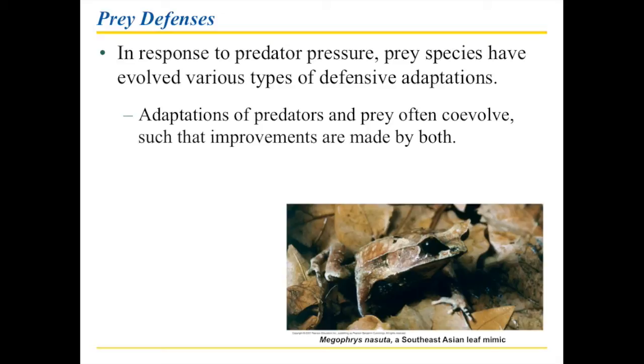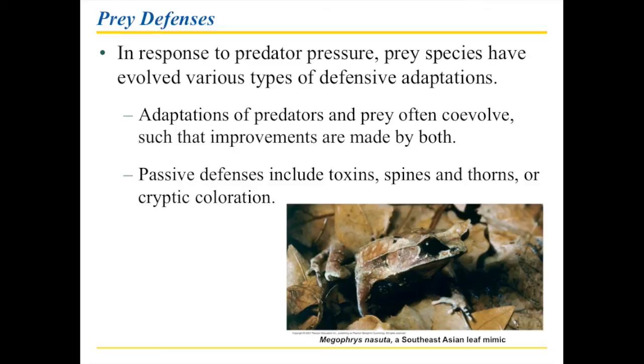Now, these adaptations tend to be things that co-evolve. As you have a better adaptation as a predator for finding and subduing, you'll find that prey will end up adapting something that's going to avoid the predators. So passive defenses are key.